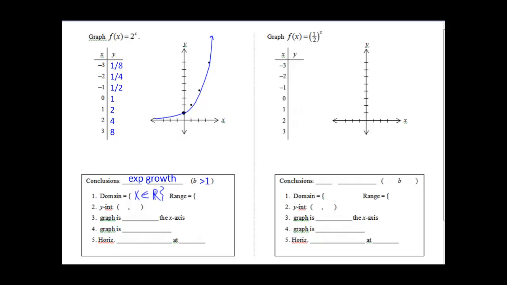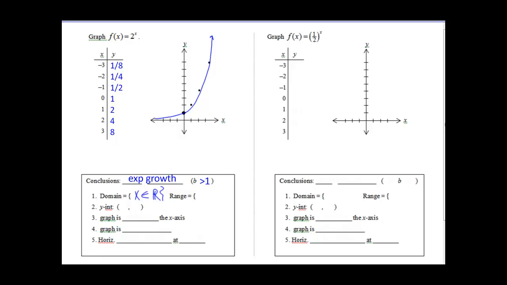The range. If we look at the y values, we know that this is going to increase, 8 and so forth, so it's going to get really high. If we look at the other side, the negative part, it looks like it's becoming a fraction. So 1 over 16, 1 over 32, 1 over 64, it is going to get increasingly smaller. Now, will it ever be 0?